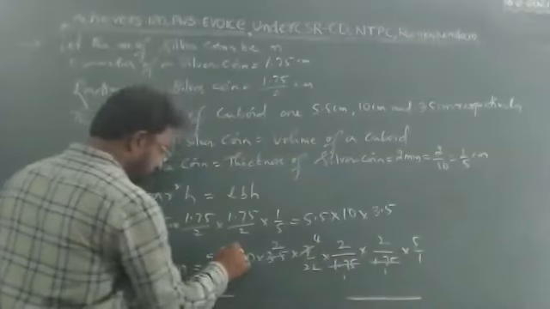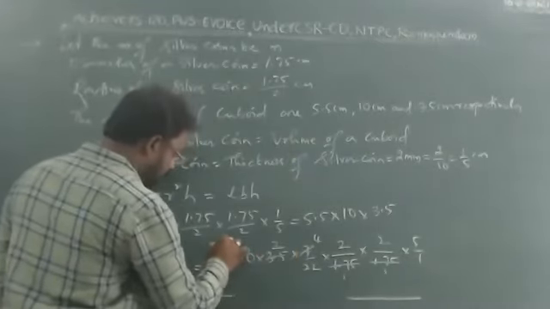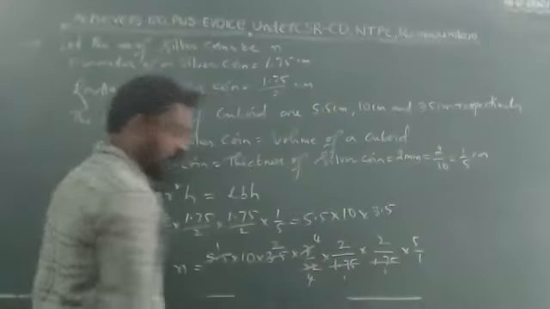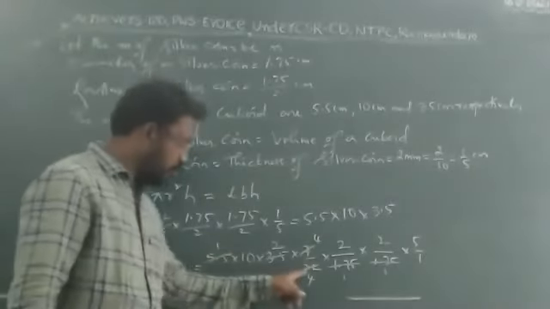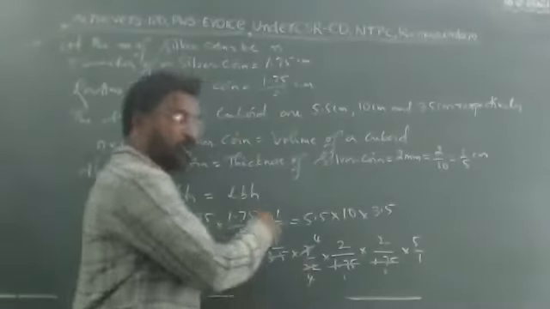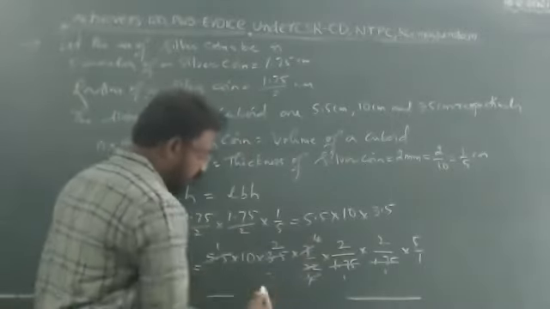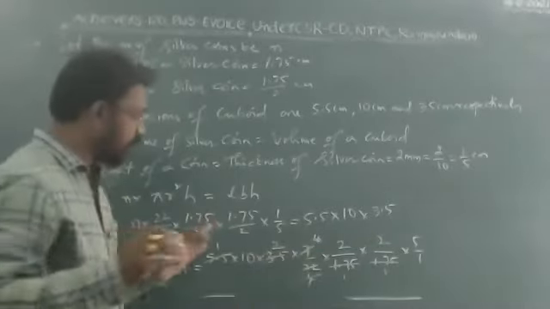And the denominator is 22. 5.5 ones are 5.5, fours are 22. And the 4 gets cancelled. Completed. There are no denominators, only numerators.